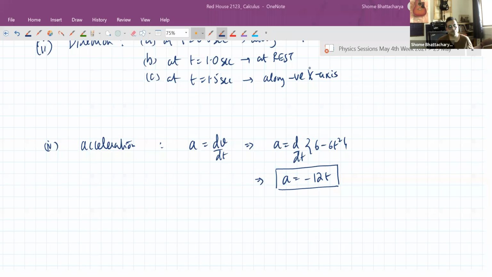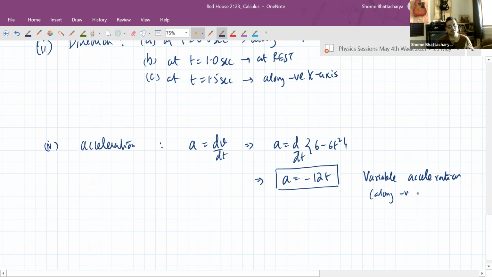So this is a case of variable acceleration. And you can also see one thing that the direction of the acceleration is always negative. Variable acceleration, and it is along negative x-axis.